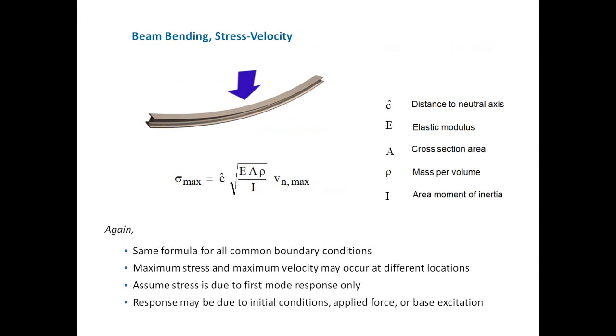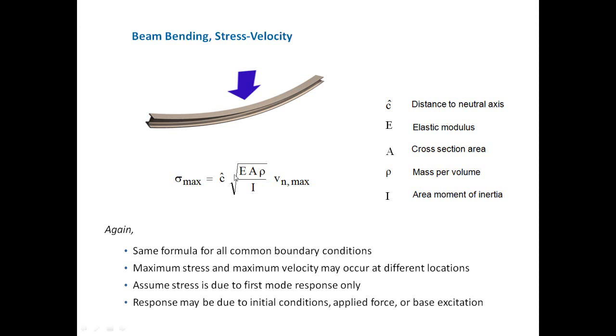Okay, so here we have a beam bending, and let's think about the stress-velocity relationship for beam bending. In this case, the maximum bending stress is equal to c hat. Now, c hat is the distance to the neutral axis. Then we have the square root of the elastic modulus, E, A is the cross-section area, rho is the mass per volume, and I is the area moment of inertia.